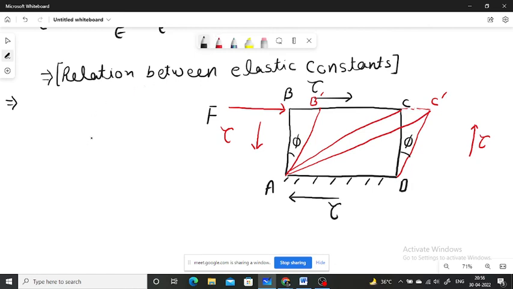Here, shear strain phi will be equal to CC dash upon CD. We know that the shear strain is equal to CC dash upon CD, and we also know that shear strain phi is equal to the shear stress upon modulus of rigidity.